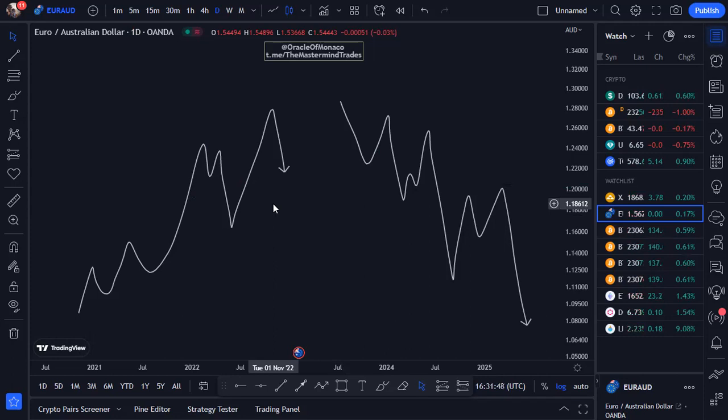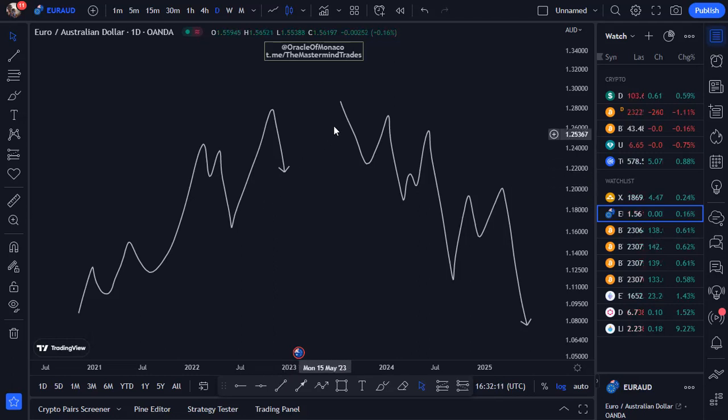When I hear the phrase internal structure or external structure, what first comes to mind? So like I said, internal structures are basically smaller time frame highs and lows that can maybe be identified on a bigger time frame swing chart.